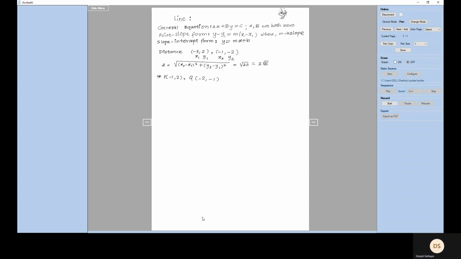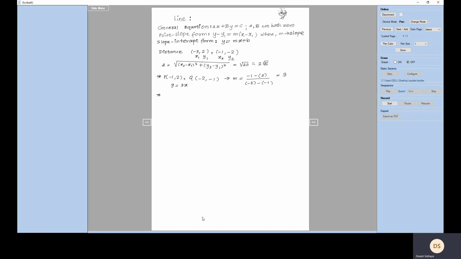If you want to find the slope, you can designate these as x and y coordinates, and then the slope is given as -1 minus 2, the y coordinates, divided by -2 minus -1. This will give you 3. Now, if you want to write the equation of a line when you only know the slope, it can be written as y is equal to 3x, which comes from the general format y is equal to mx.